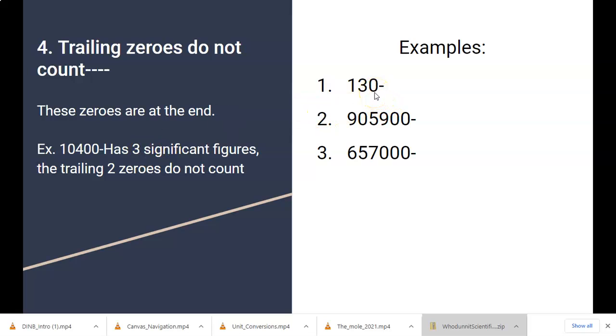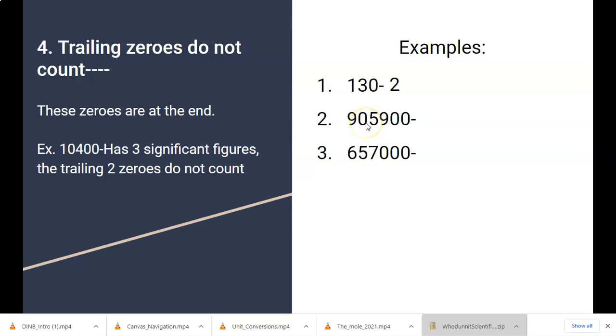So hopefully take a minute and look here and see if you can figure out how many significant figures there are. In my first one, I have a 130. I don't have a decimal point, so my last zero doesn't count, and I just have 2. My next one, I have 3 non-zero numbers that count.